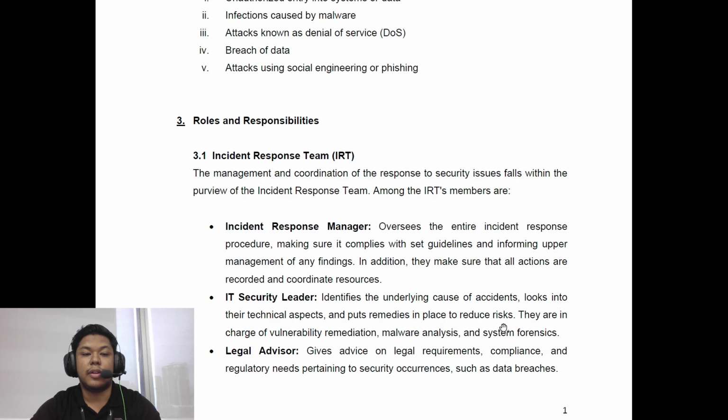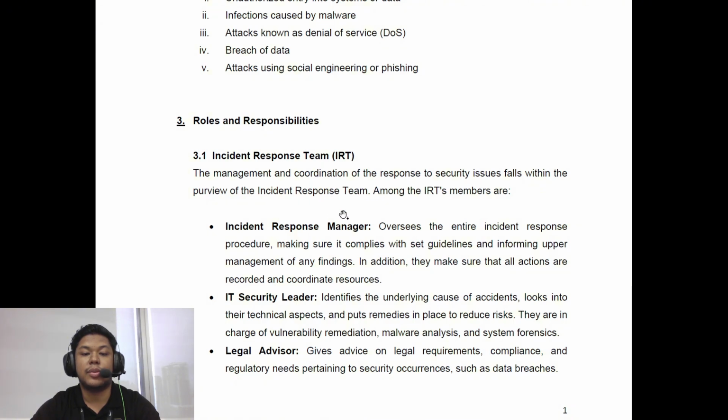So the third one, I will explain about the roles and responsibilities. This policy will be organized by the incident response team. The management and coordination of response to security issues falls within the purview of the incident response team.